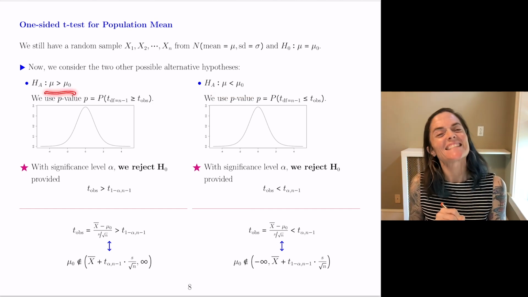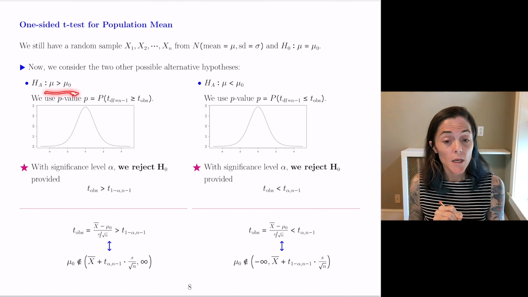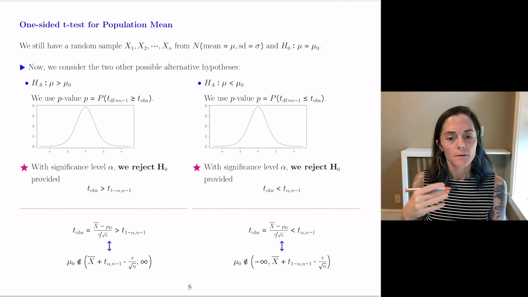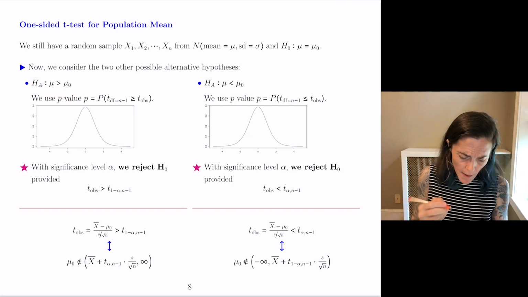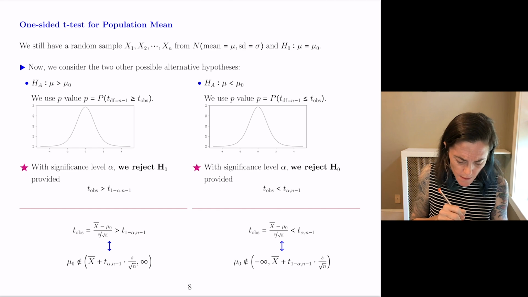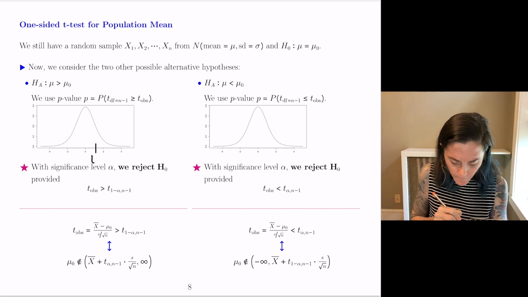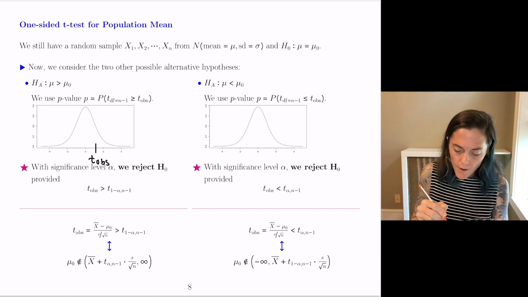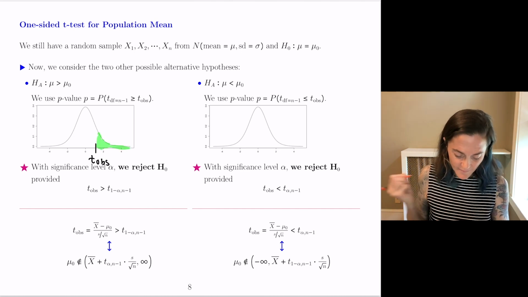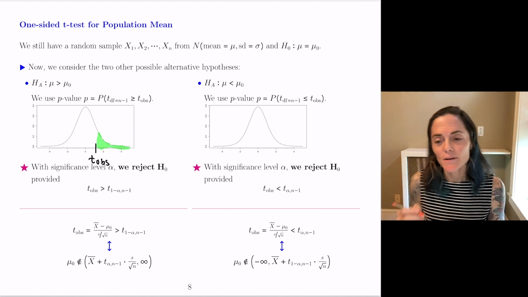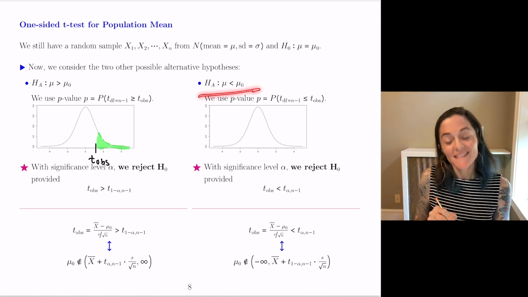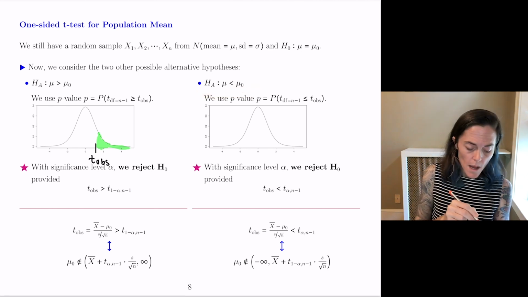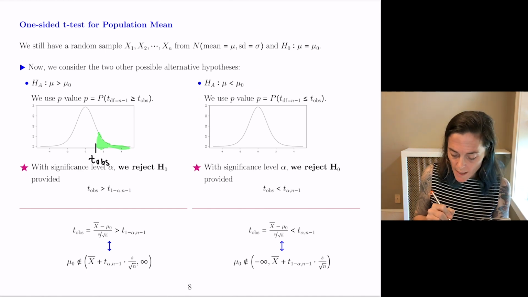If we are under this alternative hypothesis, we use a p-value that the t distribution is bigger than t observed. So in my picture, t observed is maybe here. And we use the following area. And similarly, if we are with this alternative hypothesis that the mean is less than mu zero, well, maybe our t observed is right here.